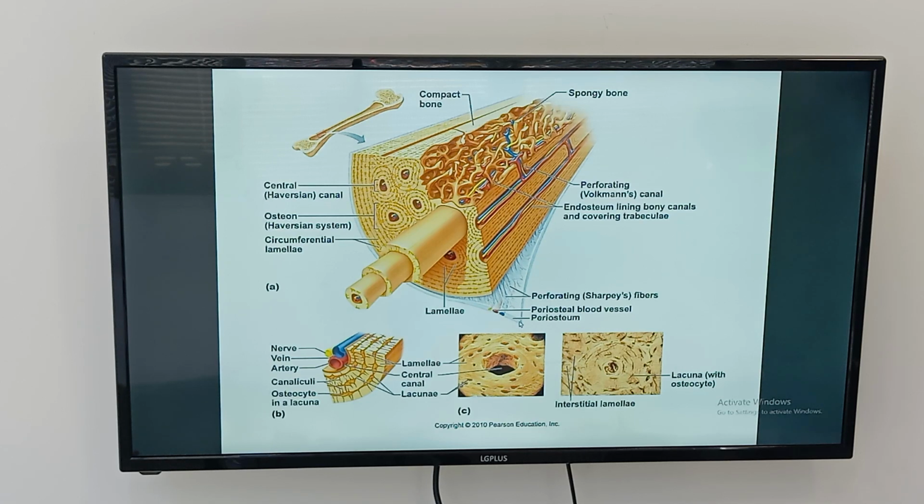So if you look at the structure from outside to inside, we have periosteum, then periosteal blood vessels, and then the perforating fibers. The perforating fibers are finer than the blood vessels, and so on.